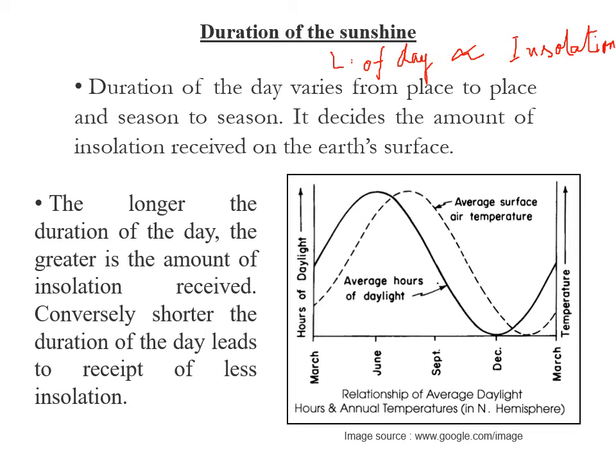At the equator, if we look at the length of the daytime and nighttime, we find that the day length at the equator is about 12 hours all over the year, because during the rotation of earth on the elliptical orbit around the sun, sometimes due to the tilting of the earth's axis, the northern hemisphere comes close to the sun and sometimes the southern hemisphere comes close to the sun.